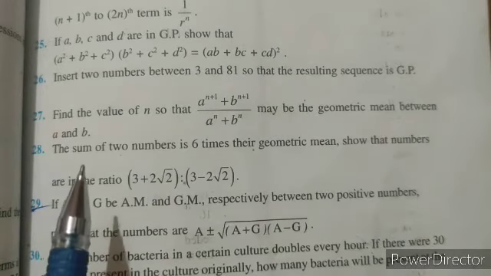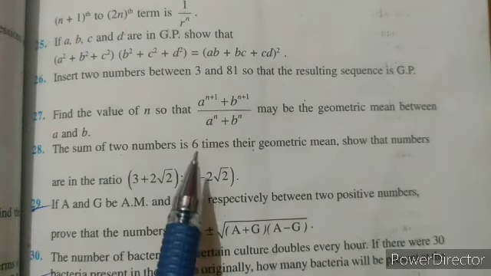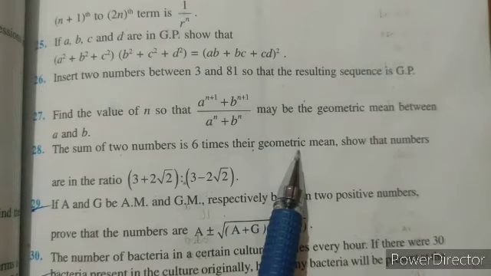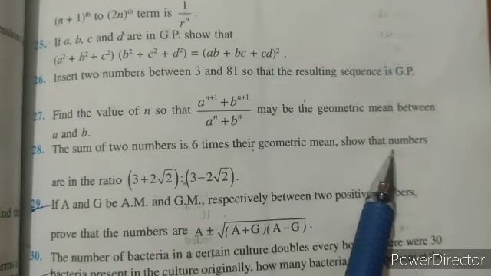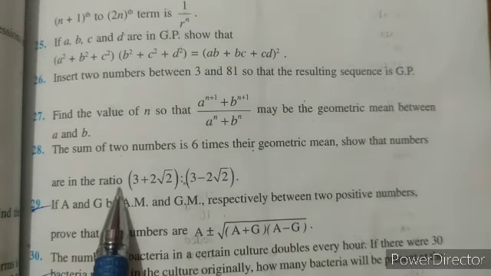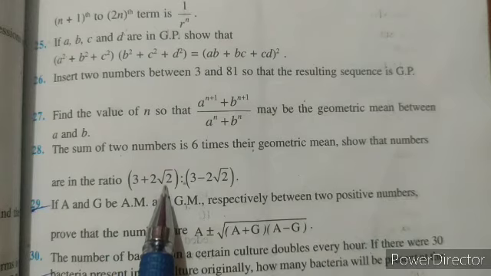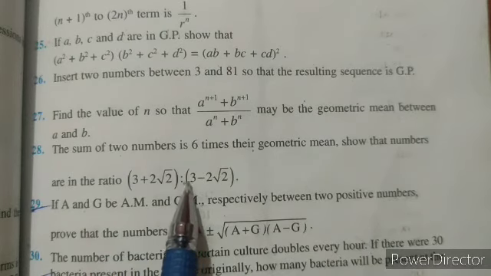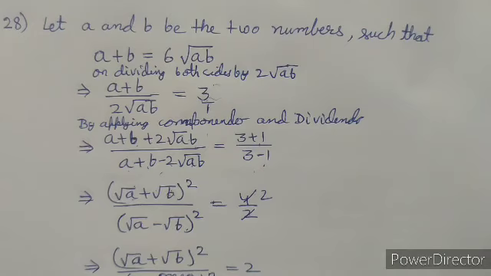Now, in question number 28, the sum of two numbers is 6 times their geometric mean. We have to prove that the numbers are in the ratio (3 + 2√2) is to (3 − 2√2).